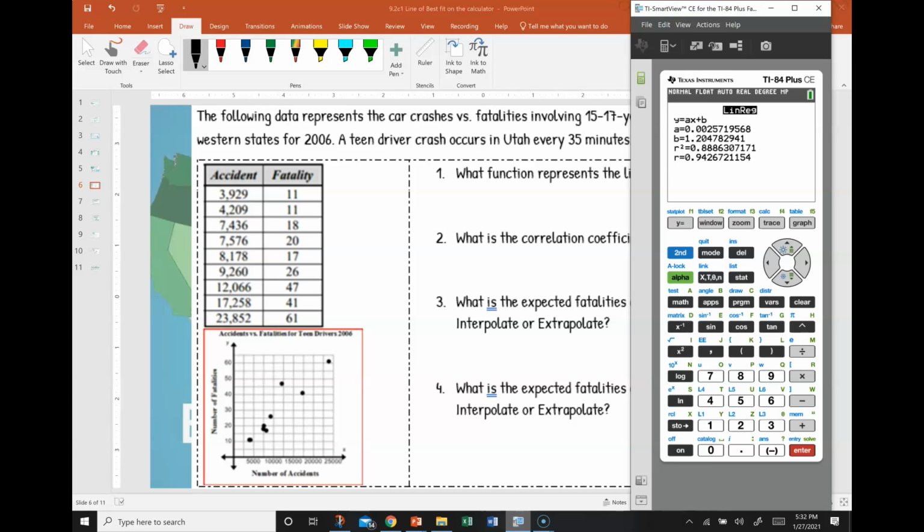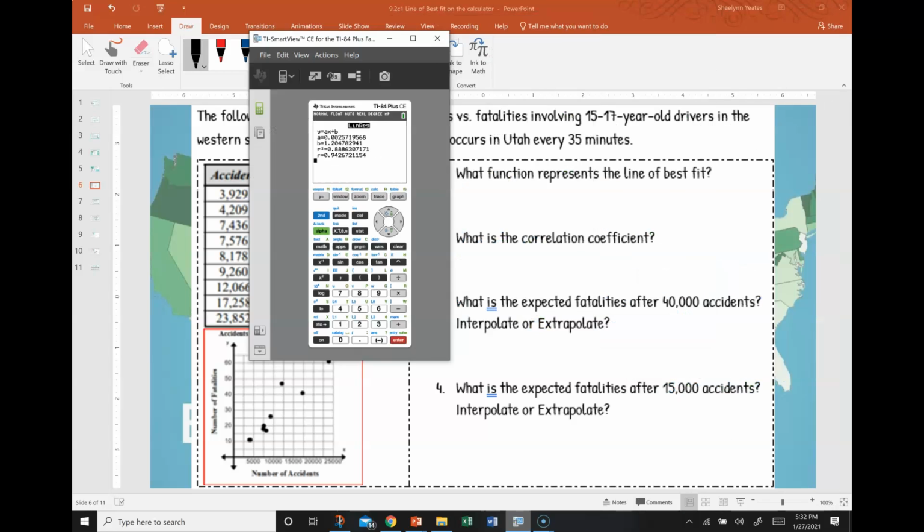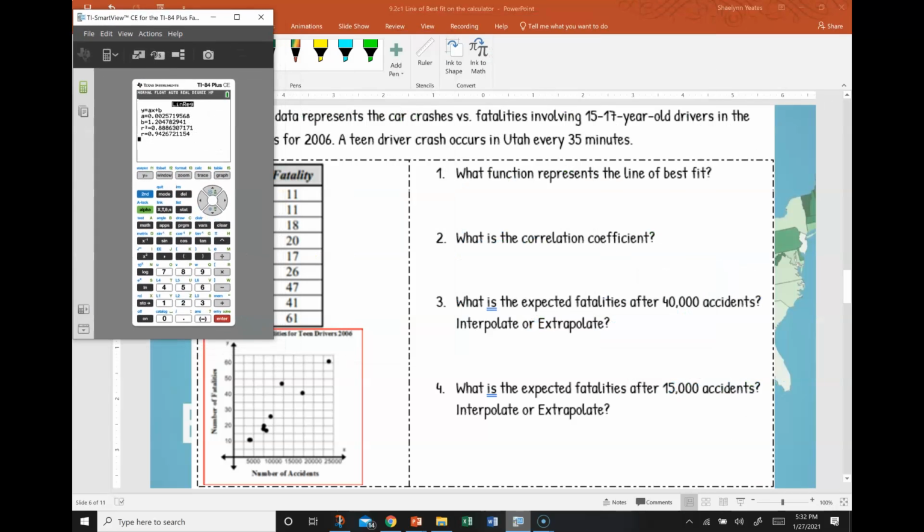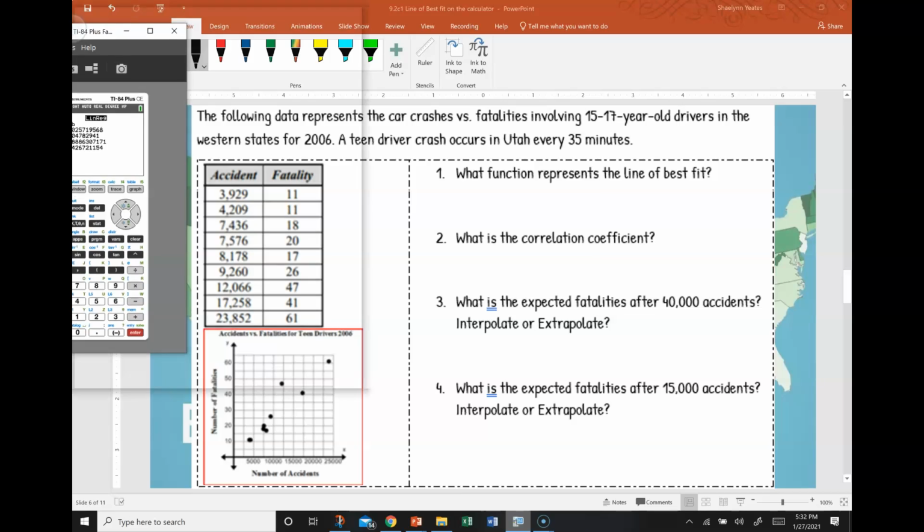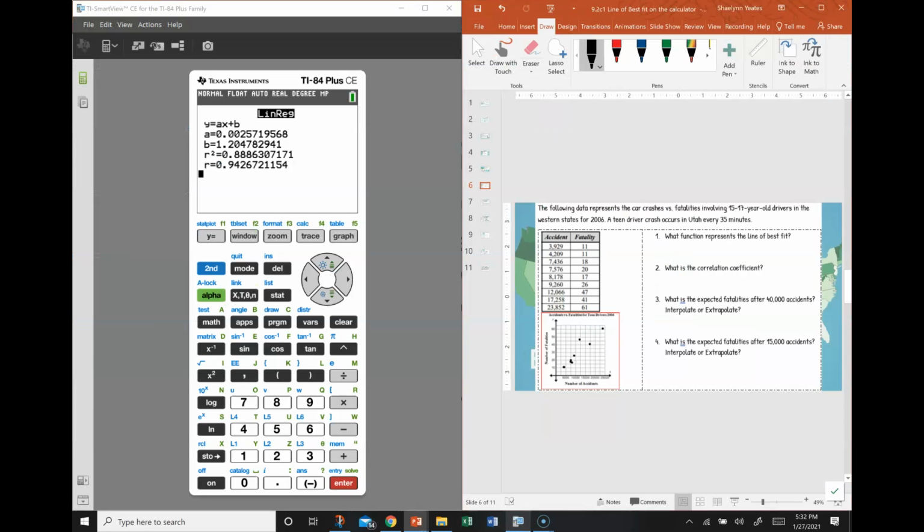Okay, so this time, the function that represents the line of best fit, I've got to write that down. At this point I should just make that take over that side of the screen.